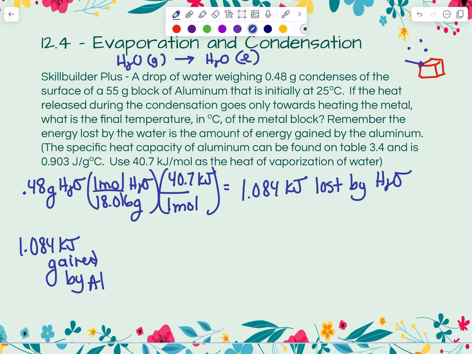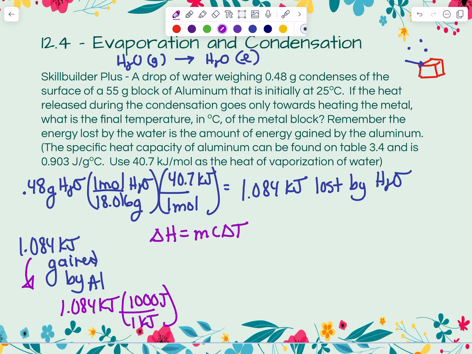And I know the formula, delta H equals mc delta T, which tells me what the change of energy is related to the change in temperature. So if I know that the aluminum is going to gain 1.084 kilojoules, remember 1 kilojoule is 1,000 joules. So I know that this piece of aluminum is going to gain 1,084 joules of energy.